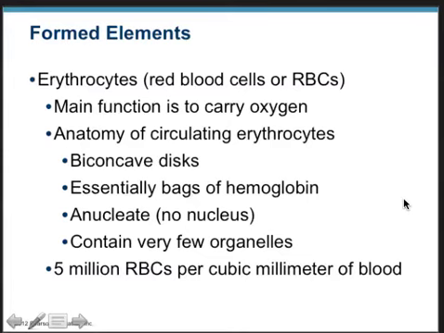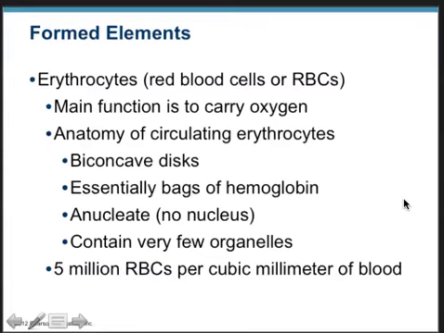It facilitates the combination of water and CO2 to make carbonic acid, which can then dissociate into free protons and bicarbonate, and those two species can drastically change the pH of the fluid compartment that they're in.